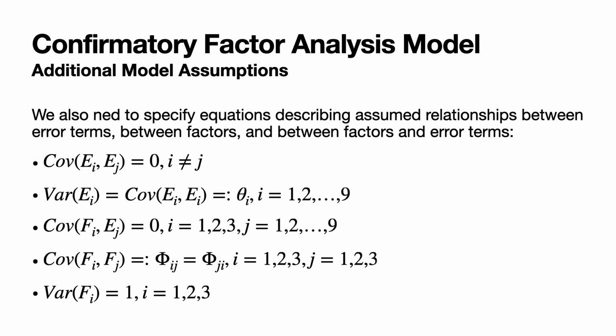In the third bullet point, we see that we are setting the covariance between each latent construct and each error term equal to 0. And so we are not allowing the factors and the error terms to be correlated. In the fourth bullet point, we are assigning notation for the covariance between pairs of latent constructs. And then finally, in the fifth bullet point, you'll see that we are setting the variance of each latent construct equal to 1.